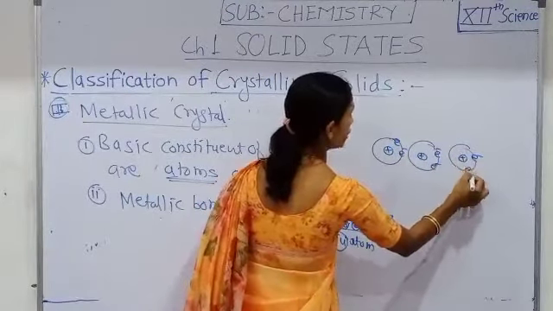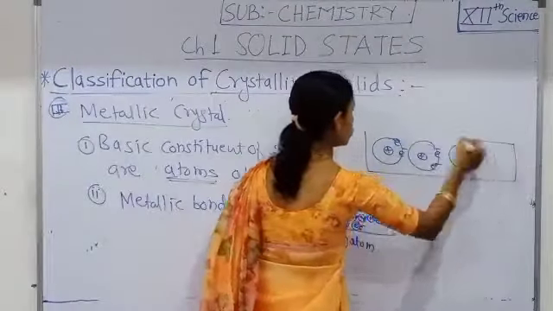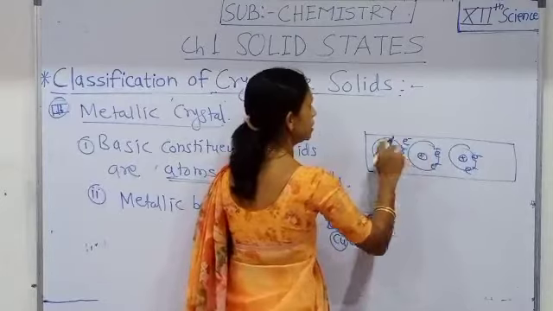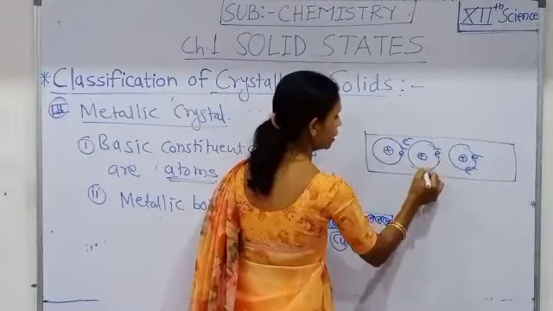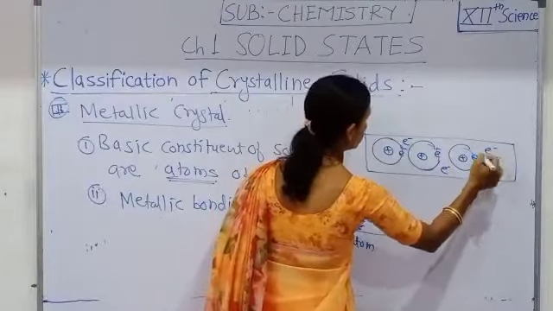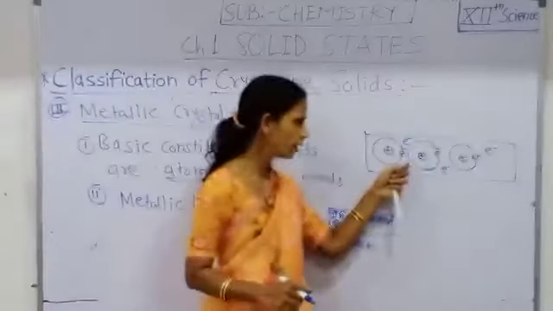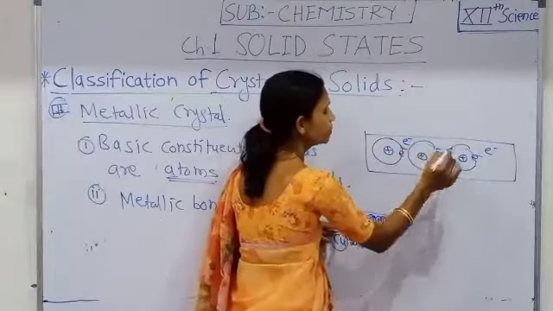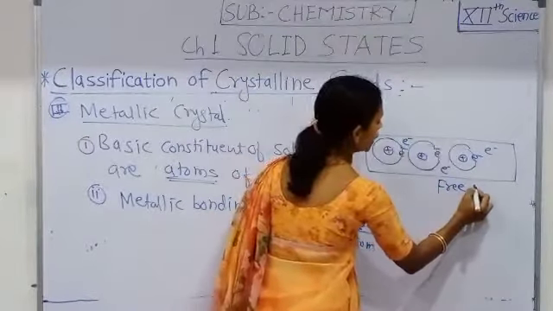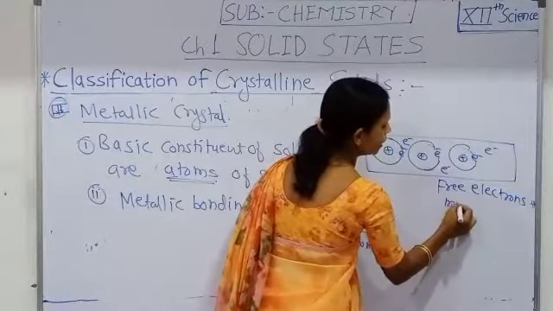Metals have a tendency to lose electrons. Therefore, those electrons are delocalized into the interstitial space present in the crystal structure. Then those electrons become free to move. Therefore, these electrons are known as free electrons, or mobile electrons.